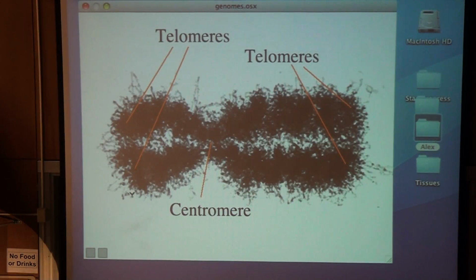And so what they think is going on here is that there are some special proteins that have to bind to the chromosome in the centromere region, and there are also some special proteins that need to bind to the chromosome at the telomeres. And so maybe these special proteins key in on this particular sequence to know where they're supposed to bind to the chromosome.